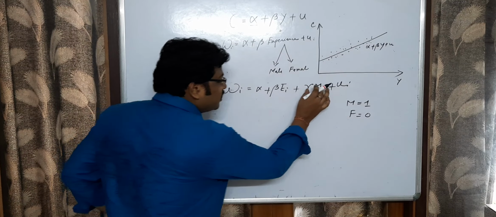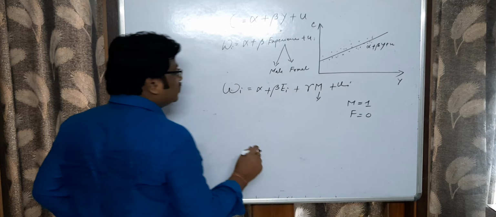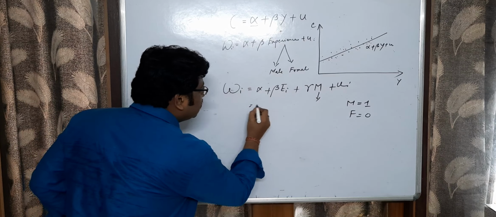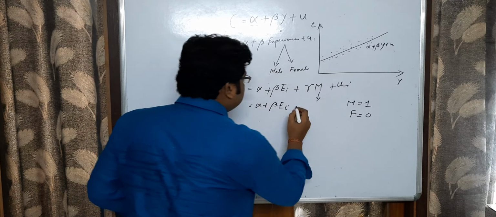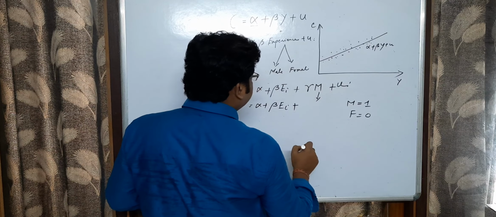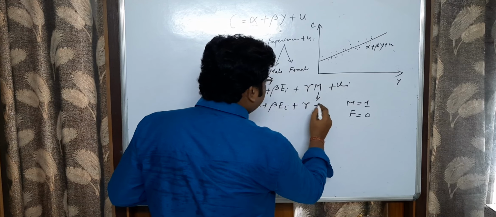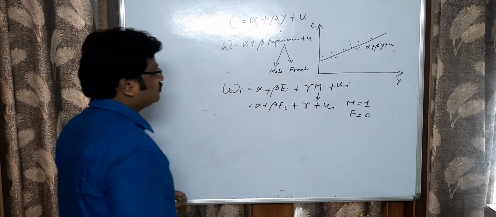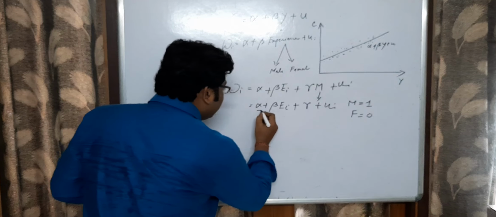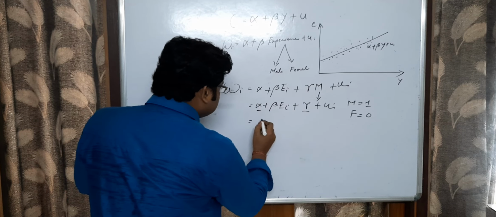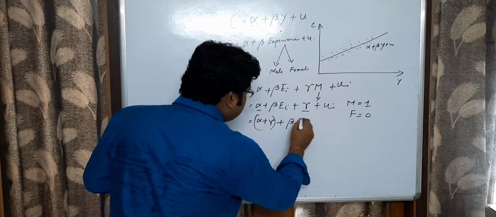So if this represents the 1, then you have alpha plus beta Ei plus gamma plus ui. So this is alpha plus gamma plus beta Ei.